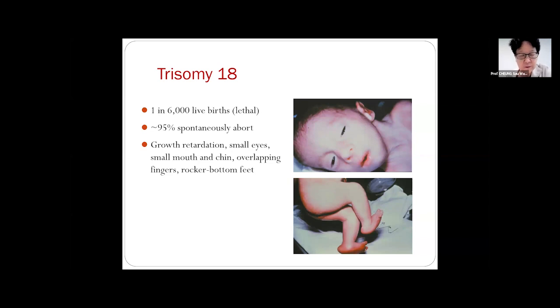Even if you rescue them, they still would die. So some parents in those old days, of course, if your first child is trisomy 18, you want to do everything to save the life.